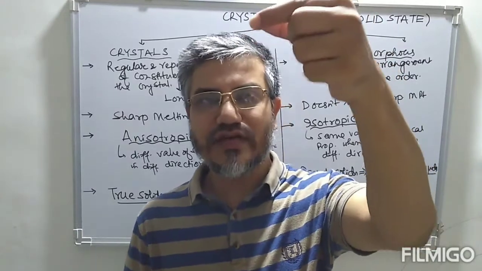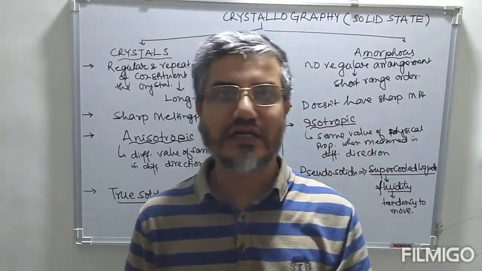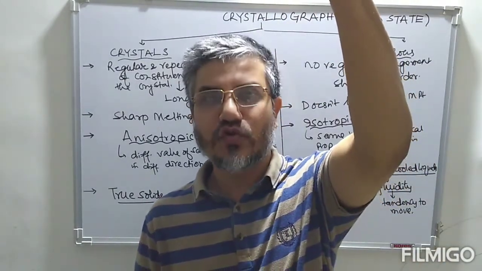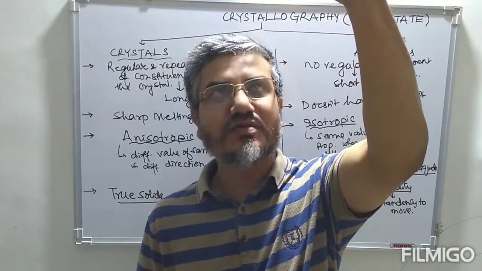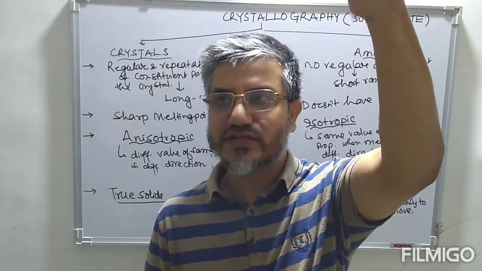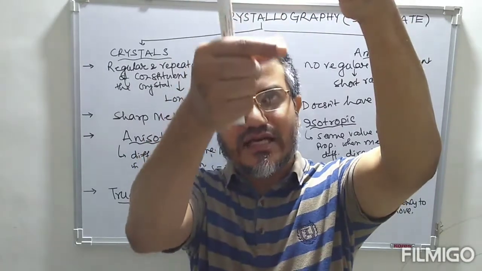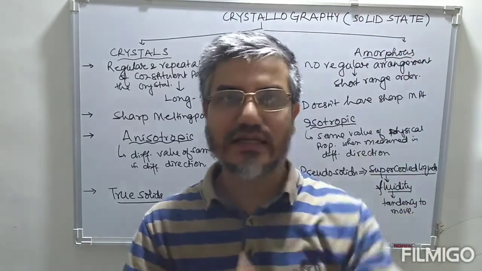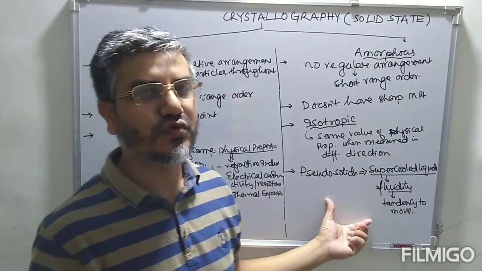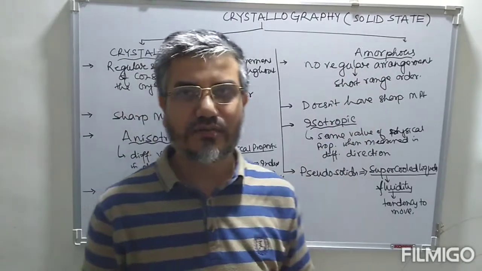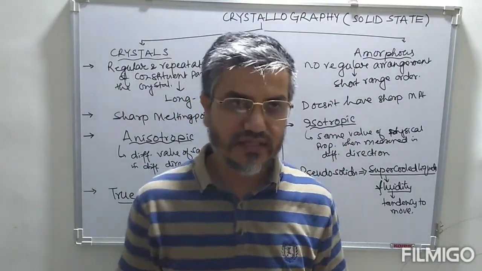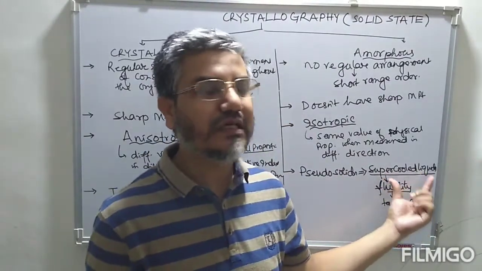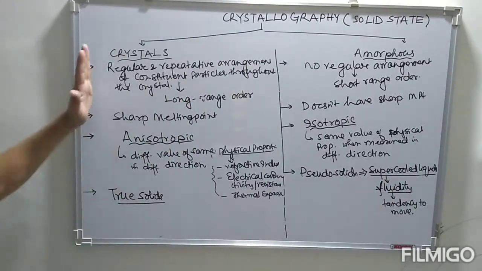This is due to the very slow movement of glass from top to bottom. So if glass particles are moving from top to bottom, the thickness of the glass at the top appears to be less, and since glass is moving towards the bottom, the bottom portion is slightly thicker. So this clearly shows that amorphous solids are not true solids but super cooled liquids.